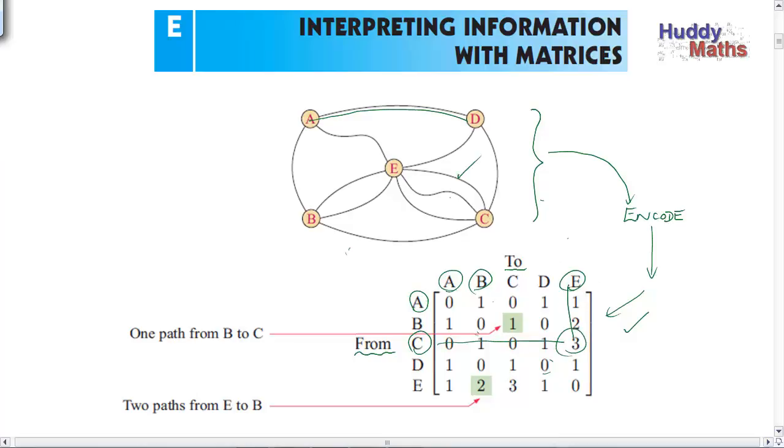Yes, there are 3 ways up here in which C is connected to E. Do you get it? Here are some interpretations, from Hayes and Harris publications. One path from B to C, there it is, B to C, and 2 paths from E to B. Do you get the idea? Not a bad little system, is it? It's a coded system of networks.